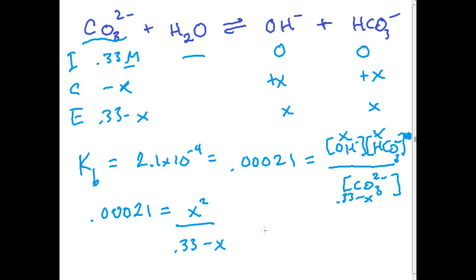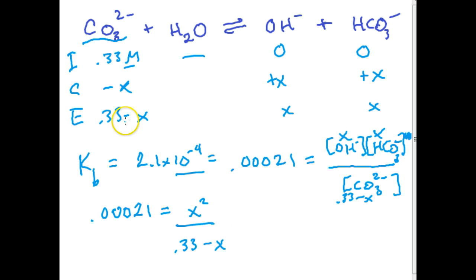Now on slides 81 and 82, your professor ignores the minus x here because the Ka that your professor was working with in his acid problem was less than 10 to the minus 5. But here, I'd rather not do that because the Kb is more than 10 to the minus 5. It's something times 10 to the minus 4. Now, as it turns out, the difference is only 0.01.